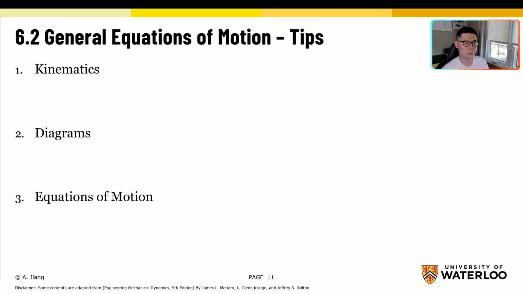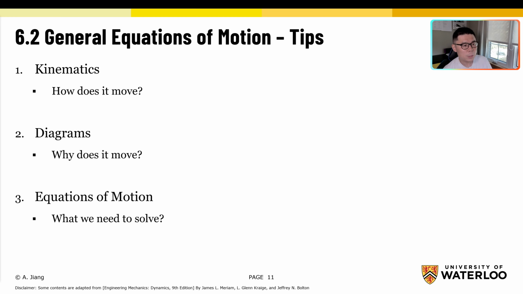Now I want to give you some tips on how to start solving a question. I'm breaking this into three categories: kinematics, diagrams, and equations of motion. After reading the question, you should be clear about how this object moves.